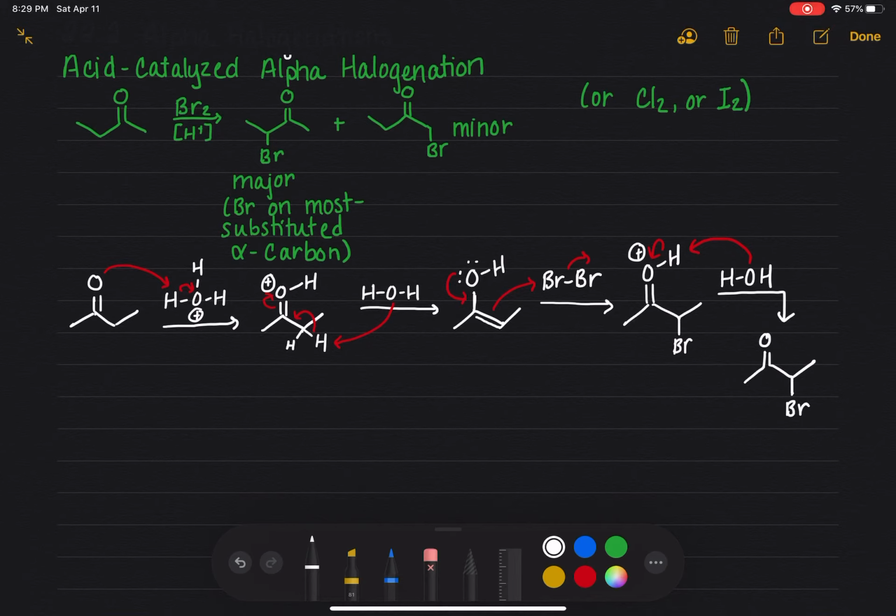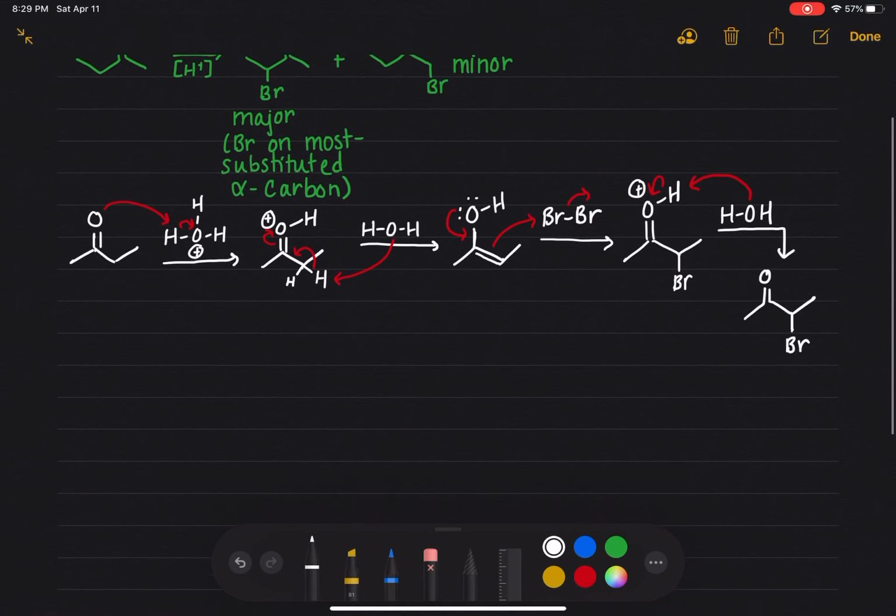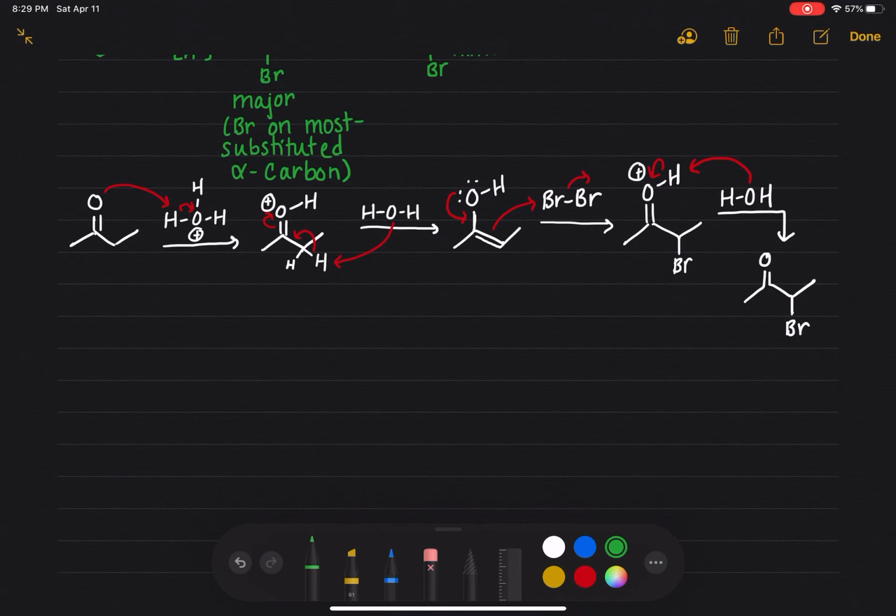Now, one of the nice things about this particular reaction is that the product can be easily converted to a conjugated diene or alkene. The product of this reaction right here can be converted to a conjugated system.